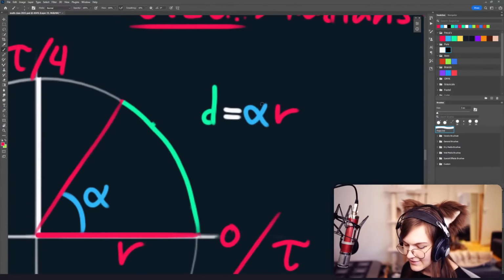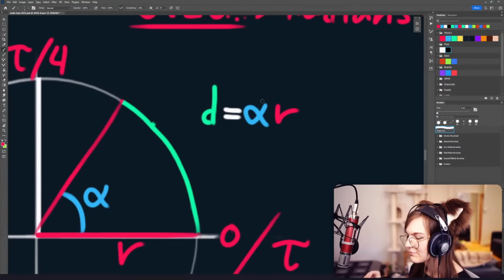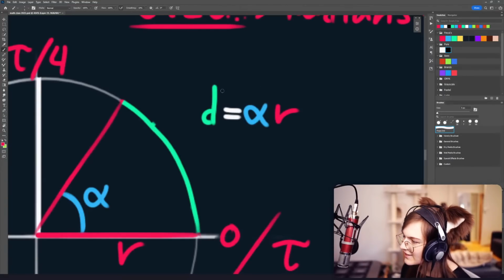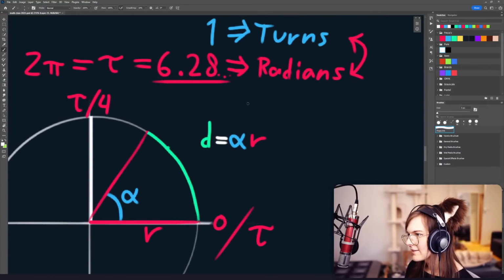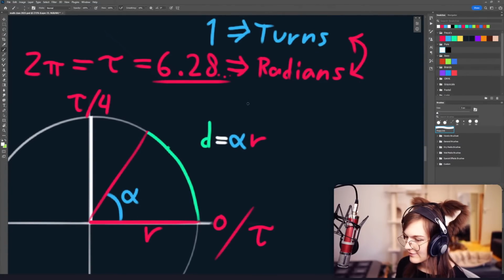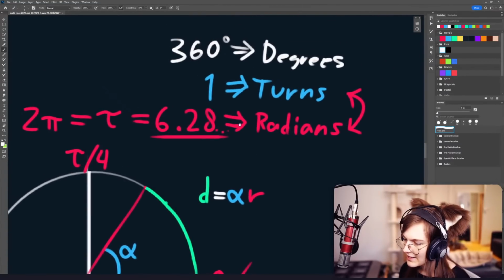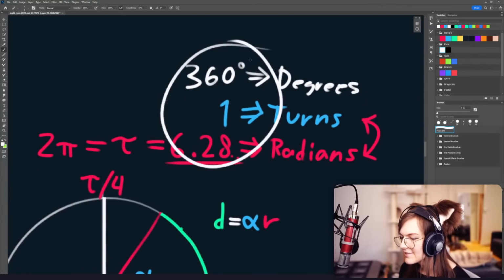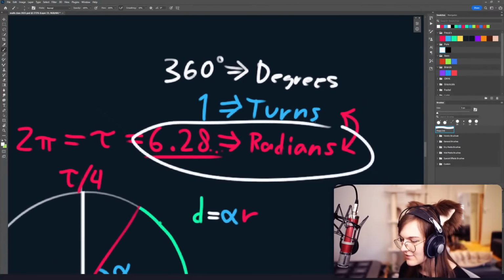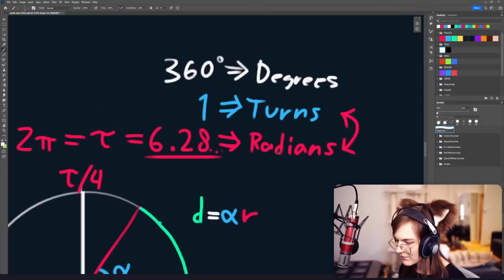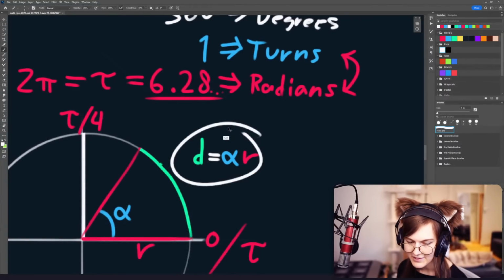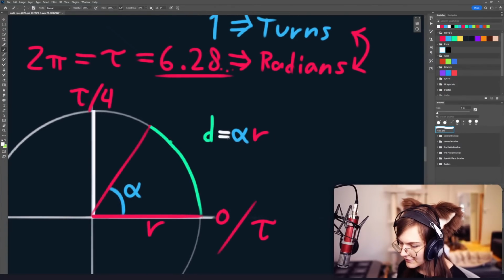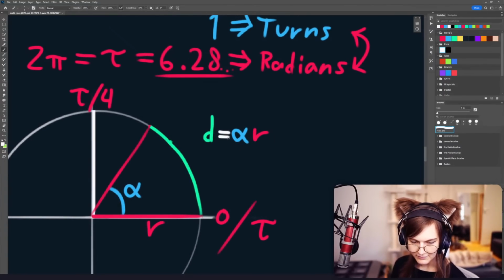And this is an extremely, extremely simple formula. Like, this is ridiculously simple. And this permeates through a lot of math. Anytime you look up any formulas involving angles, radians generally have the most simple or the most descriptive version, because they have this very clean relationship between arc length and the angle.